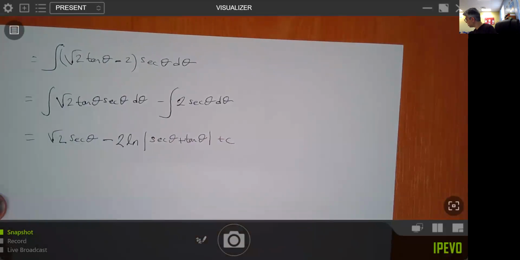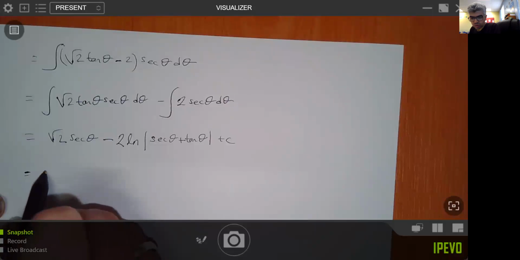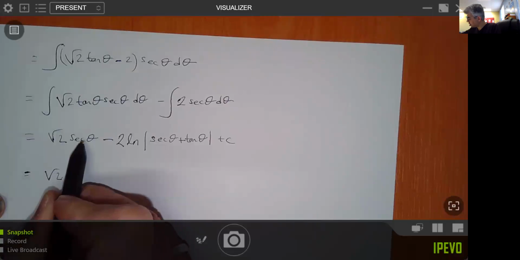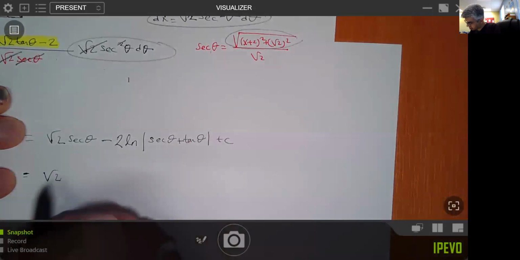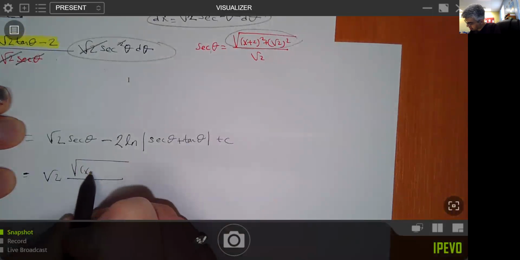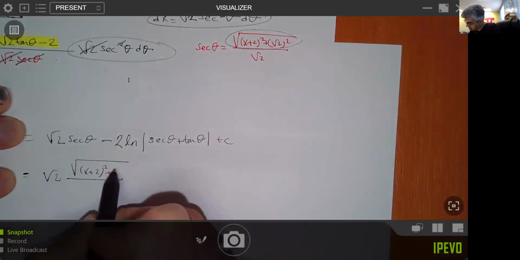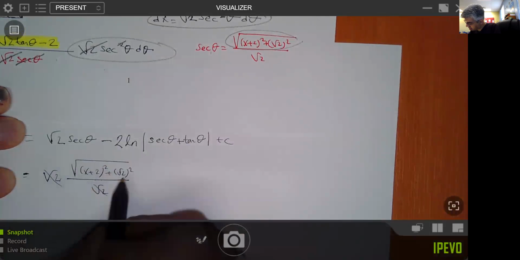And the final answer we will have is root 2 secant theta. Here it is, guys. So we found the secant theta here: square root of (x plus 2) squared plus root 2 squared over root 2. By the way, they will cancel out each other.